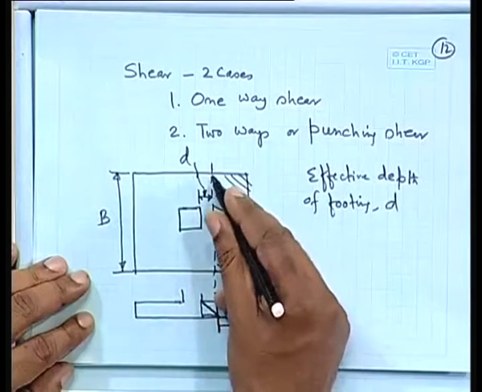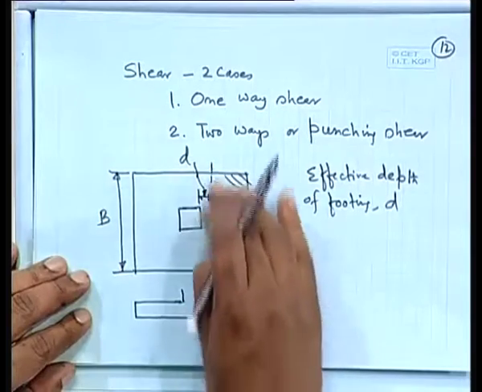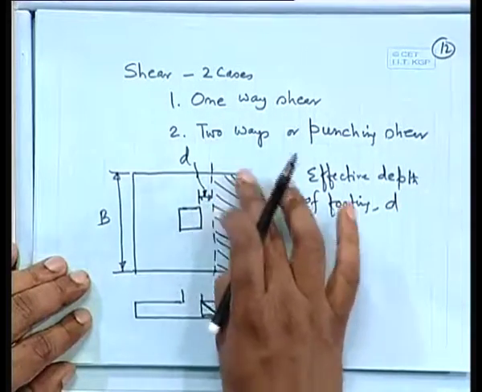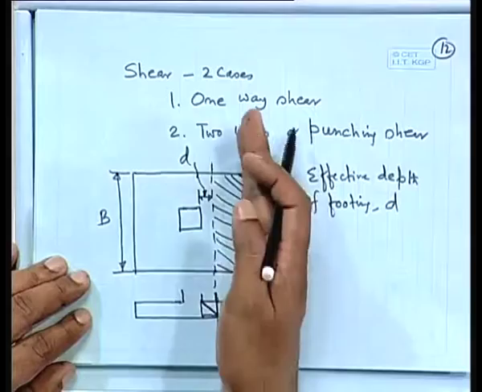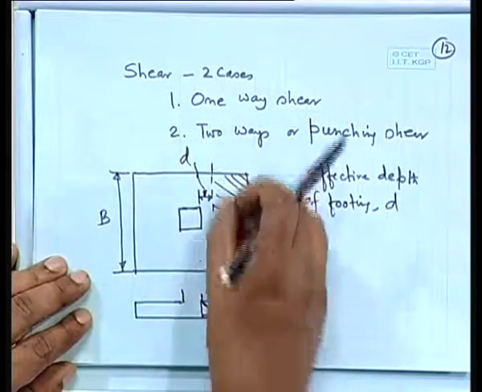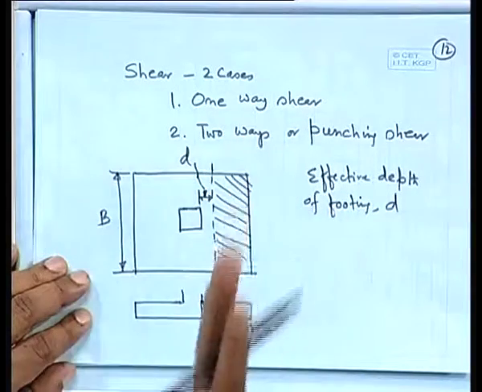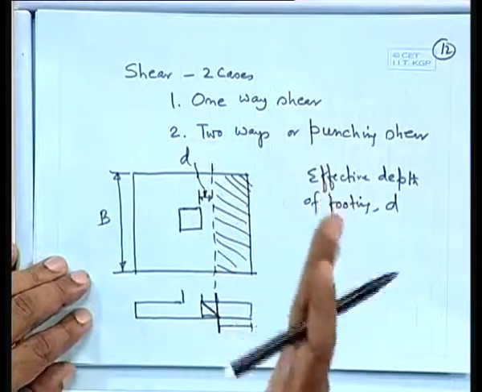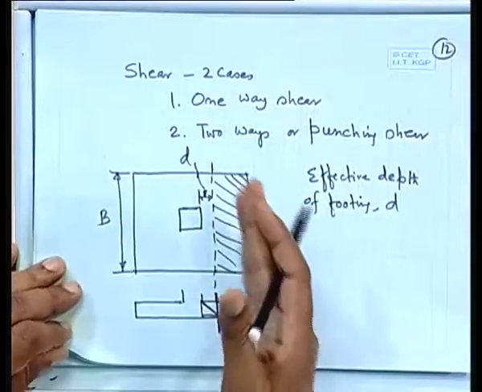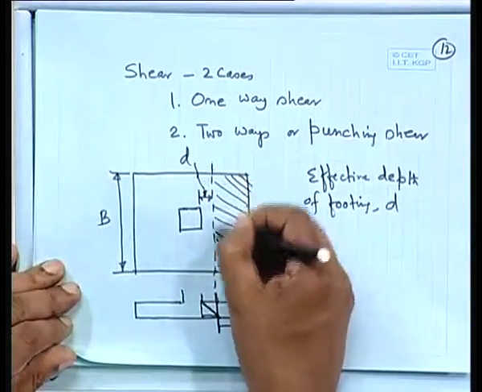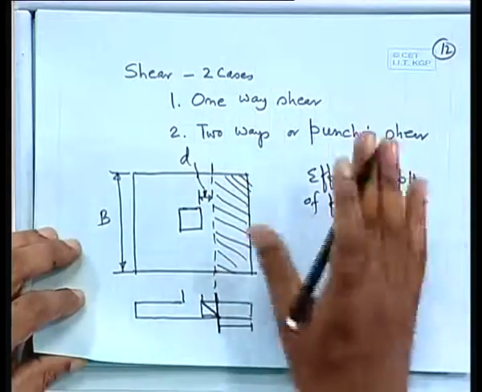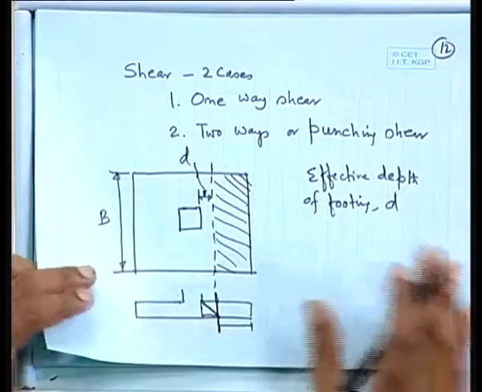Again here B times the D, and due to this load, this side, left side, at this section, whatever shear force will come, that we have to resist. Here again we are talking about a vertical section, at the wall or whatever we consider, that section you have to resist. So depth times this length, that we have to resist. So these are the different cases we get here.